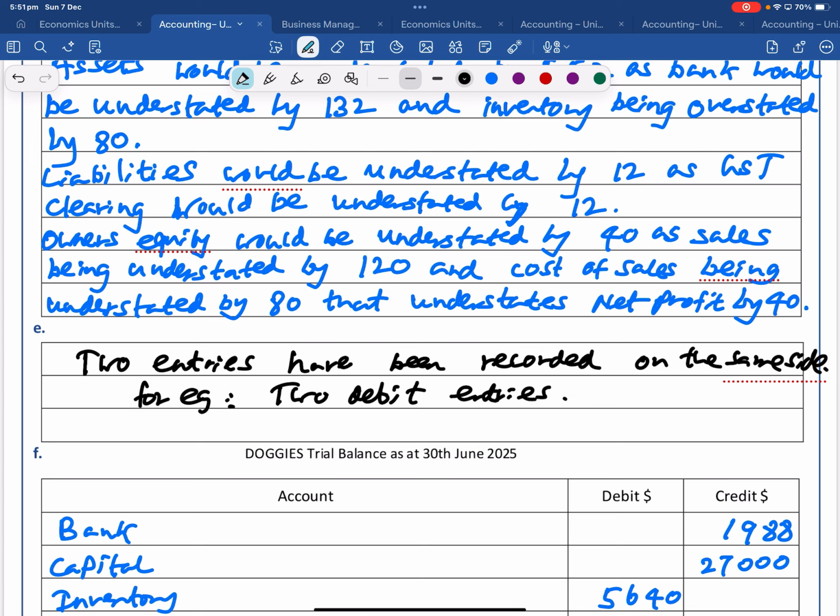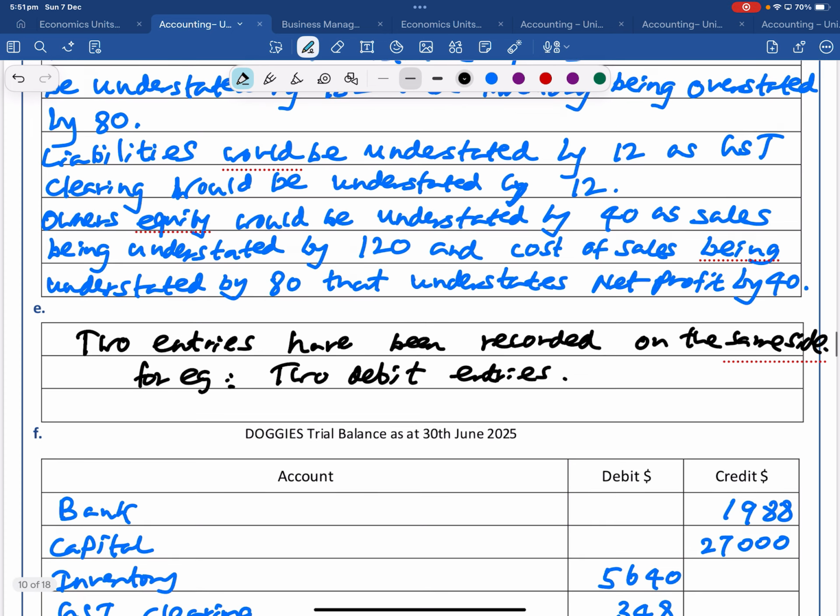Yes, so you can write any of them. Otherwise you can say only 1 entry has been recorded, only the debit entry, not the credit entry, or different amounts have been recorded.